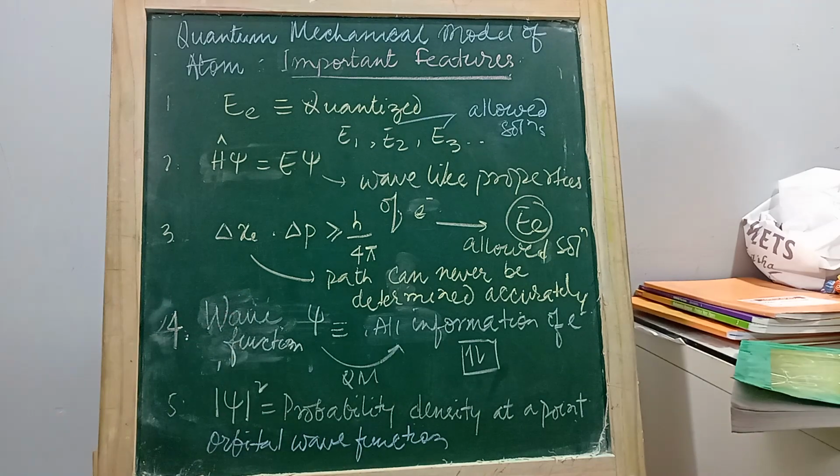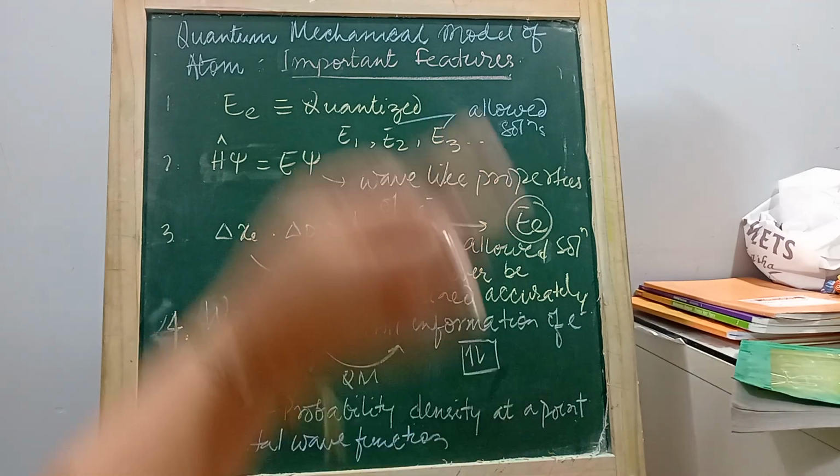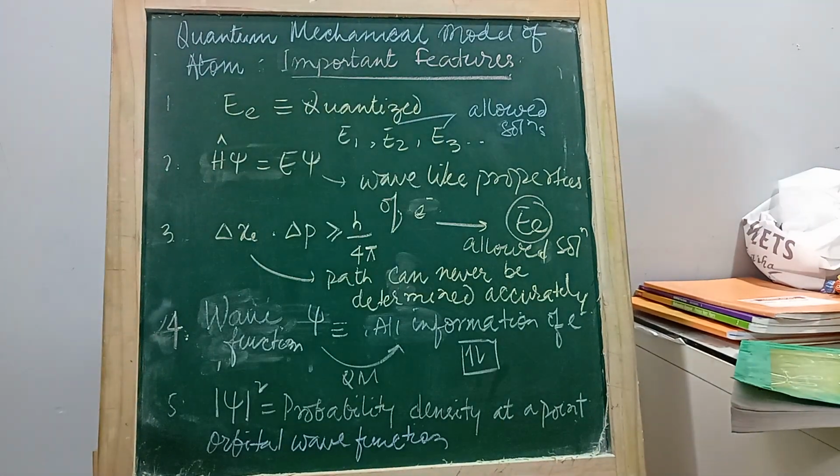The third point says that it is impossible to determine both the position and the velocity or momentum of an electron simultaneously. That is called Heisenberg's uncertainty principle.